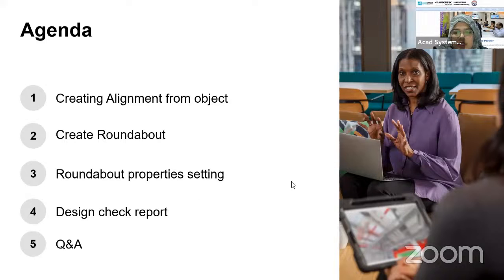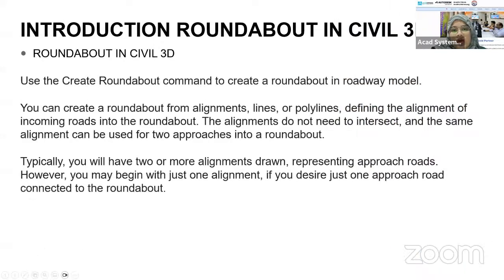Okay, so let me give a little bit of an intro on what the roundabout is in Civil 3D. Basically, when we're doing the roundabout in Civil 3D, we're just going to use the create roundabout command in your raw roadway model.